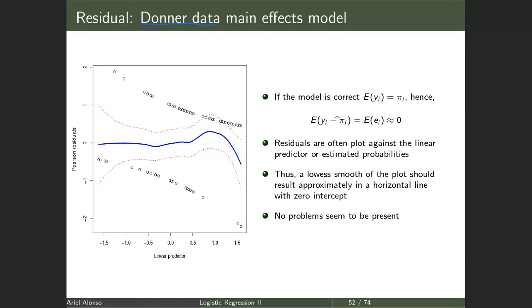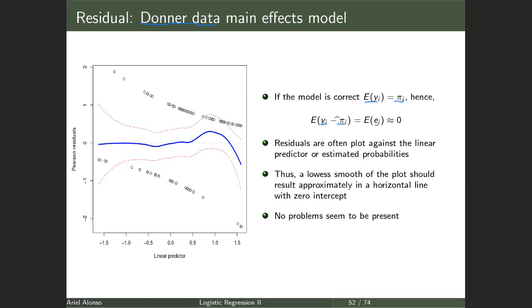Now, remember, if the model you're using is correct, then the expected value of the responses is pi, because it's a binary response, right? And that means that if the model is correct, the expected value of the difference between reality and what your model predicts, so the expected value of the residuals, should be approximately 0.